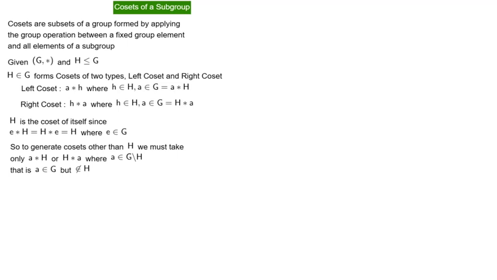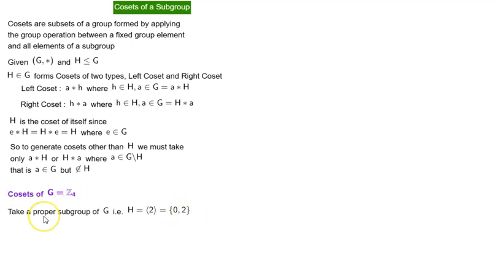Let's take an example and work on it. Let's take the group Z4, that is the integers addition modulo 4 group. Now we take a proper subgroup of G, that is H will be the subgroup generated by the element 2 in G. So here 2 is the generator which will generate 0, 2.